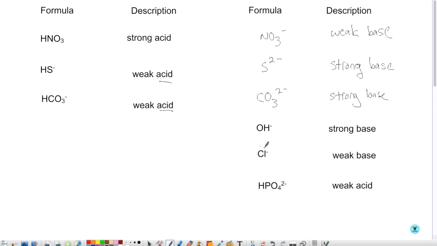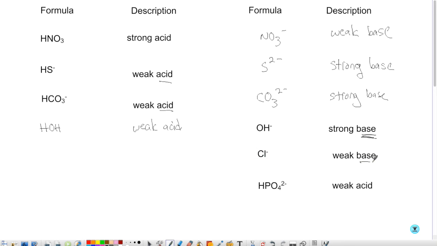Okay, here's hydroxide ion. It's a strong base, which means that it's going to accept a proton coming this way, which would make its conjugate acid, HOH, also known as water. And we'd call that a super weak acid. Okay? Here's chloride ion.